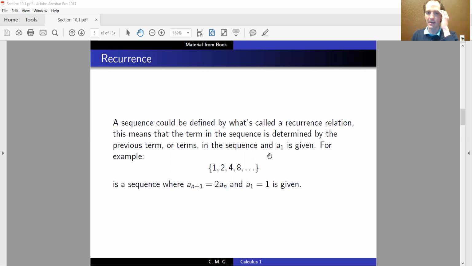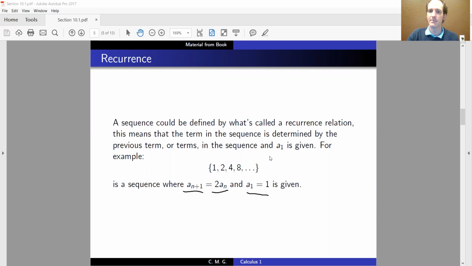If I look at my sequence here, I have 1, 2, 4, and 8. So each term is 2 times the previous term. The way I write that is that the n plus 1 term is 2 times the n term. And then I have to give you a starting point. I say the first number you have is 1, and then you multiply by 2 each time to get to the next one.